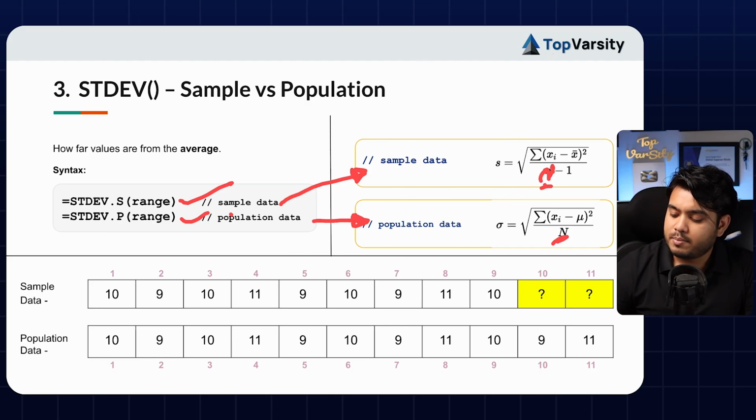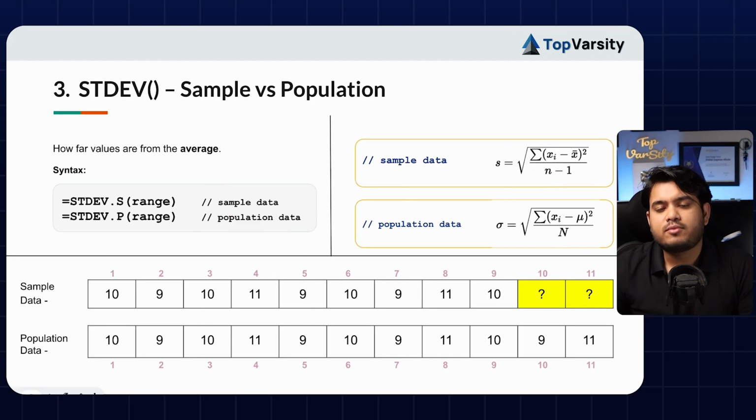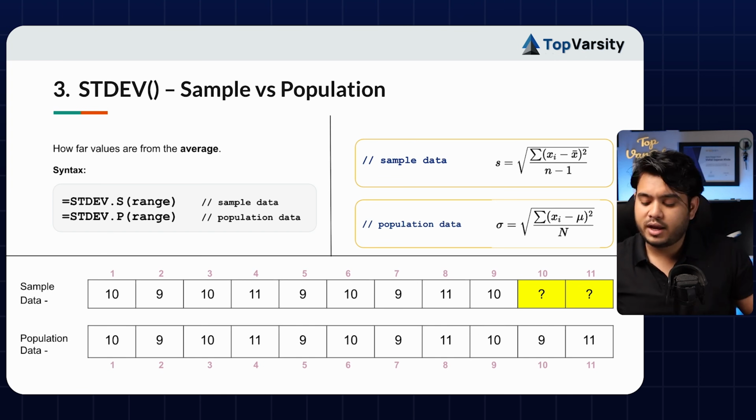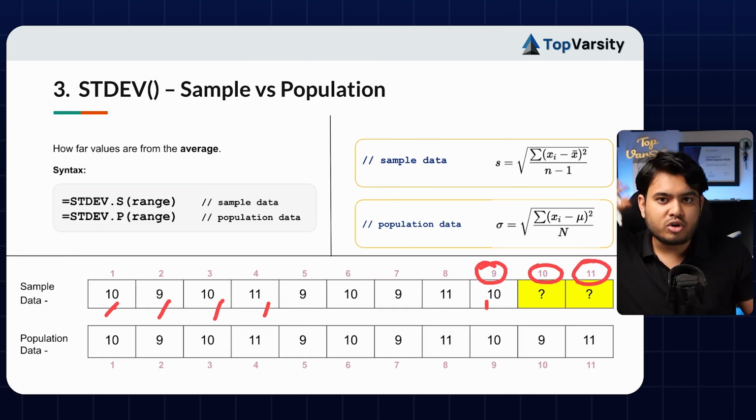Now what is sample data and what is population data? Let's consider you have some sample data of some virus. For example, you have one pill, and you have given that to 10 people who are trying to lose fat. You have given that pill to 10 and these are the numbers you are getting. Some person has lost 10 kilos of weight, some 9, 10, 10, 10, like that, and you have a sample of 9 people, but you are not sure about the 10th, 11th and others, you have 1000 more people.